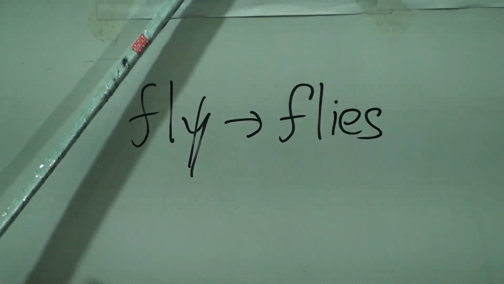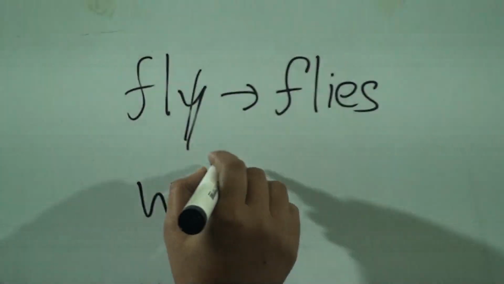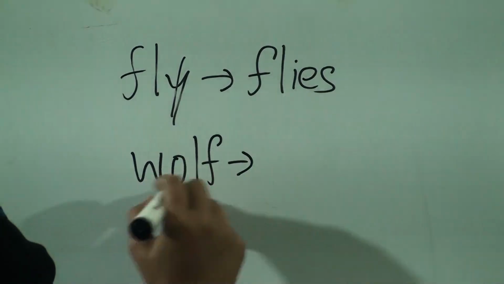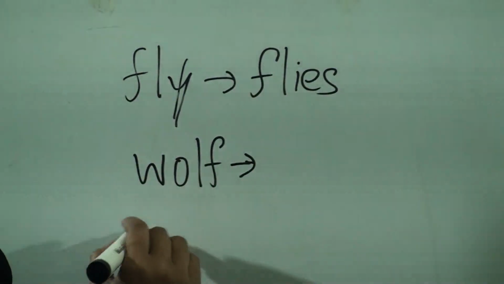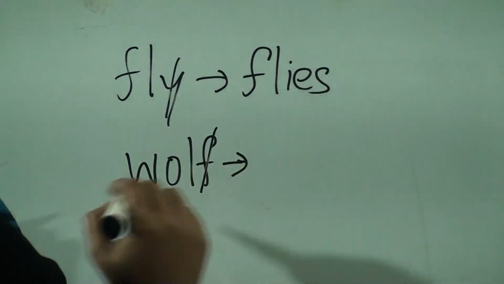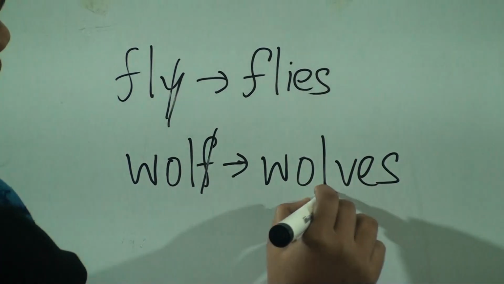And ves, that means if the word ends with f or fe. Now look, wolf: you will drop f, so it will be wolves, then you will add ves.